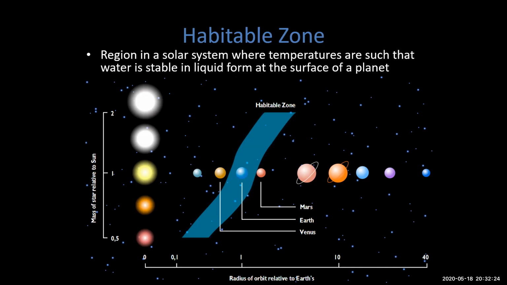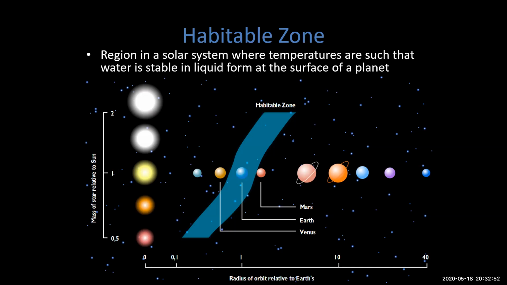And the bigger stars are hotter, so their habitable zone is further away. Habitable zone is defined as the location in a solar system where liquid water would be stable at the surface of a planet. So kind of a technical definition for the habitable zone.